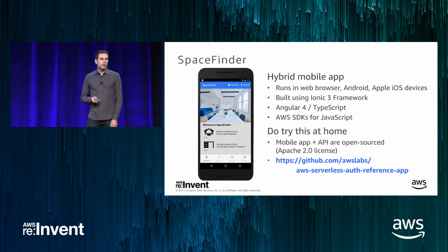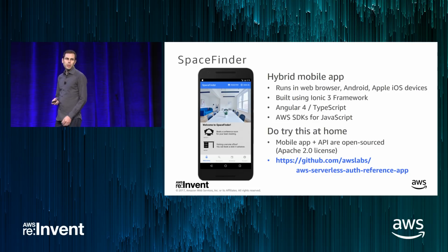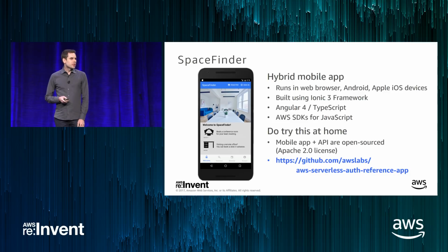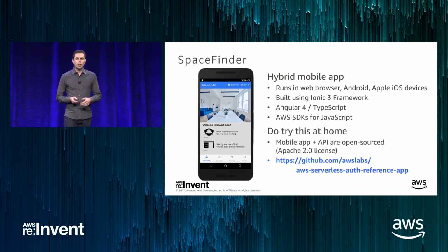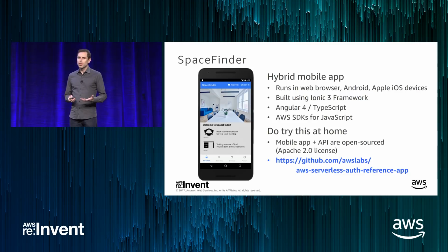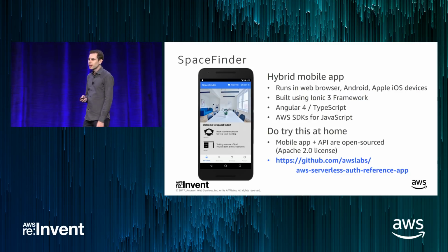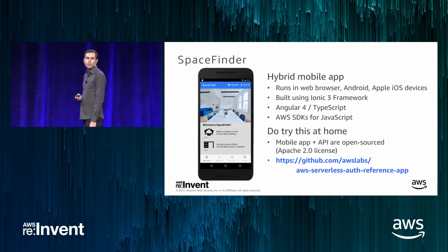All of the source code of all that you see is available for your use to accelerate your development under the Apache 2 license. Just so you know, SpaceFinder is a conference room finder application. So a simple app to find a conference room, book a conference room, etc. Though you'll see how the identity concern plays throughout. And to talk you through more about how we approach identity, I'll turn it to Vladimir.